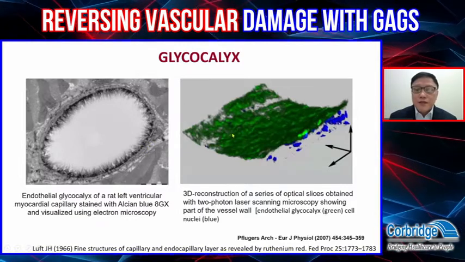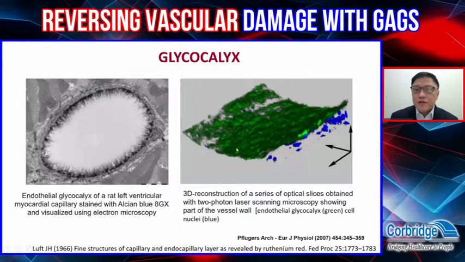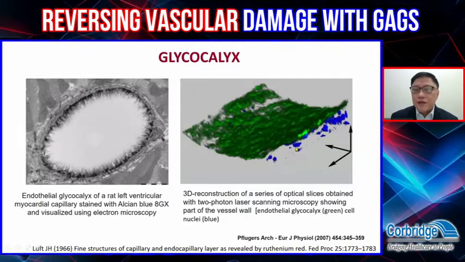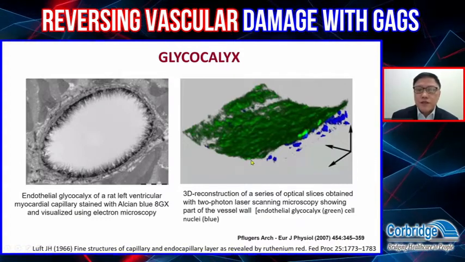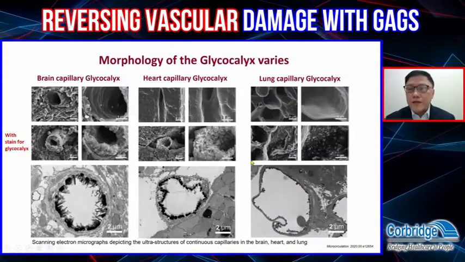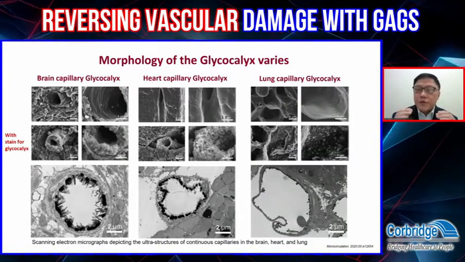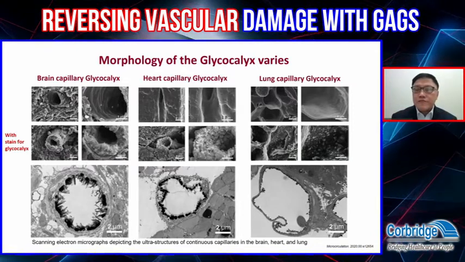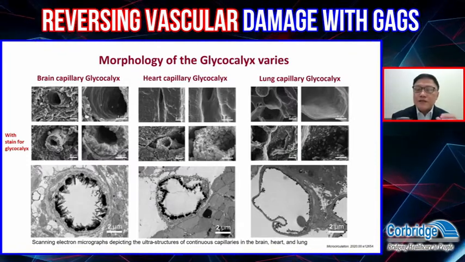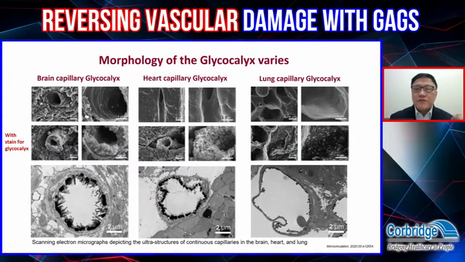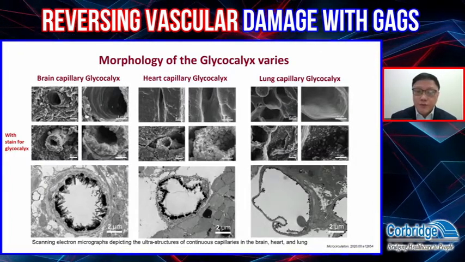If you spread this and put a stain, you can see that it is bigger than the endothelium. This hair-like structure is the one that is causing all the balance inside the blood vessel. Balance of coagulation and anticoagulation, platelet and antiplatelet action, vasoconstriction and vasodilation, and anti-inflammatory response.